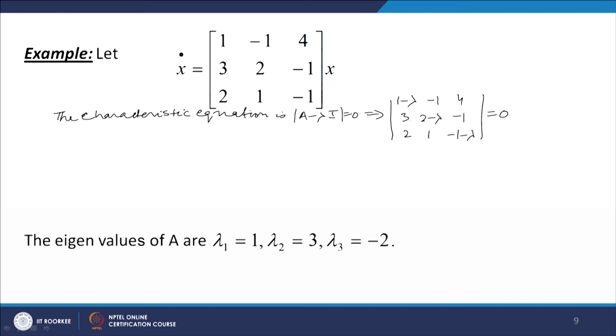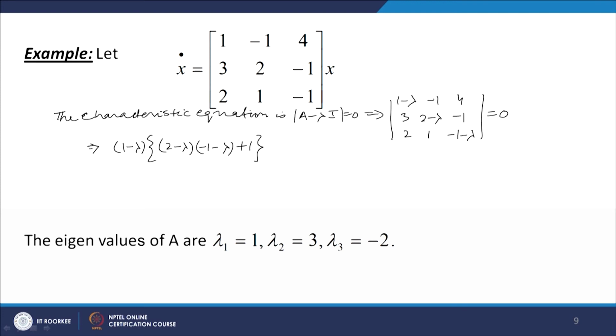Then we expand this determinant. What will we get? 1 minus lambda times 2 minus lambda into minus 1 minus lambda, and then plus 1.